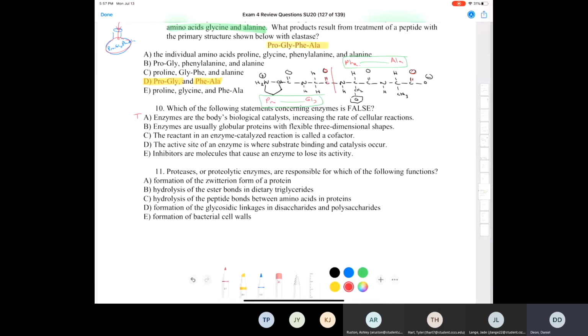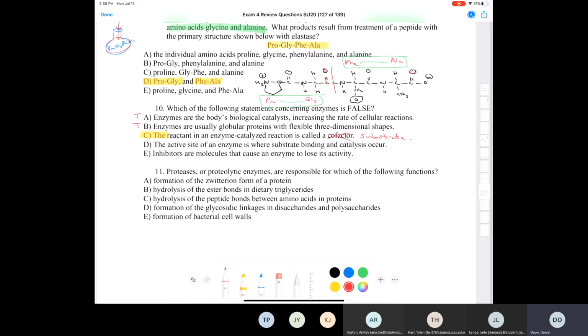Of course, most enzymes have primary, secondary, and tertiary structure, and the tertiary structure is that globular structure, and we know that there's some flexibility once they adopt that three-dimensional shape. That is true. Letter C says the reactant in an enzyme catalyzed reaction is called a cofactor. That's not true. The reactant is actually called a substrate. And so the answer to this question must be C.